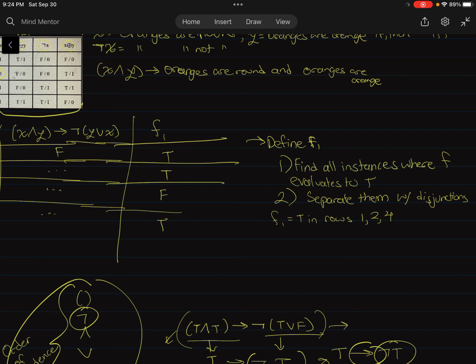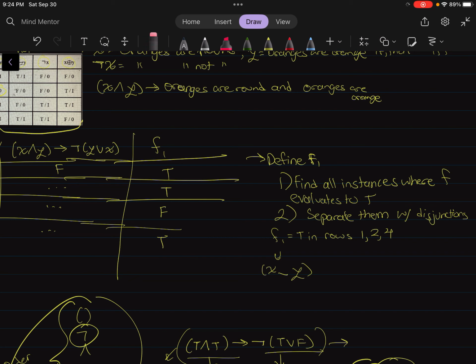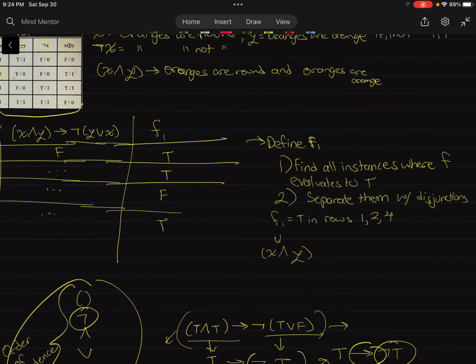Right? Now in row 1, if we have x and then an operator and then y, that operator is usually going to be and, right? So if we have x and y, for simplicity we can keep it as and. If we have x and y and in row 1 both x and y are true, then f of 1 will evaluate to true, right?